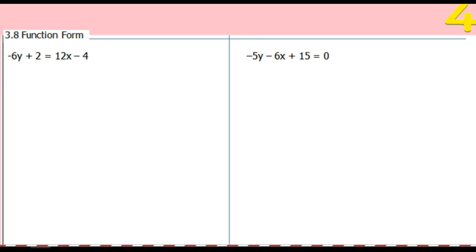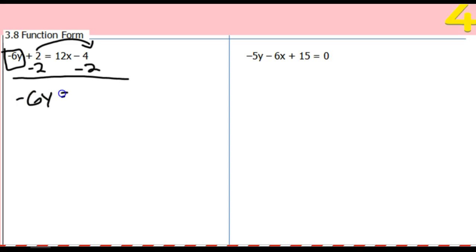Last couple problems here. This is our y, and it's attached to a 6 and a negative, so I'm just going to put a box around that whole thing. I'm going to move this plus 2 over to the other side by subtracting. Now because this one doesn't have a variable and the 4 doesn't have a variable, I'm going to subtract it from the 4. So we get negative 6y equals 12x.